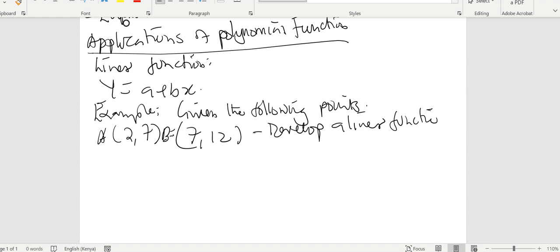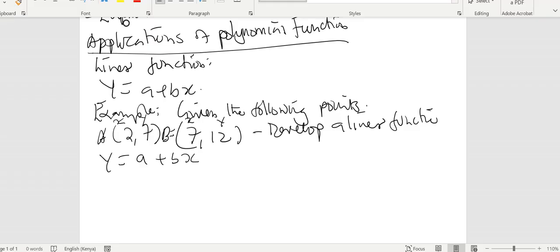So you are saying here, this is x, this is y, and in B, x and y. Then you come and say y is equals to a plus bx.